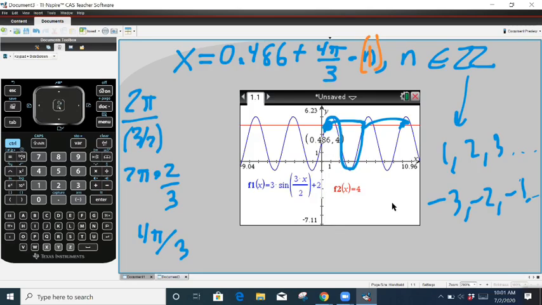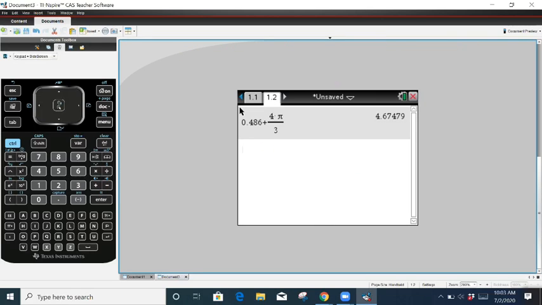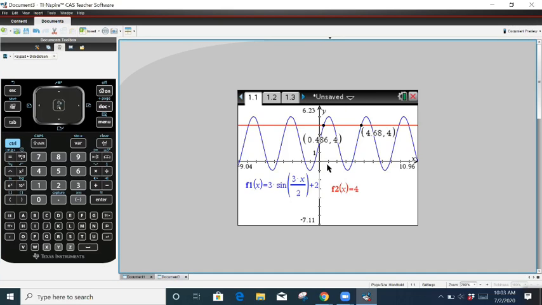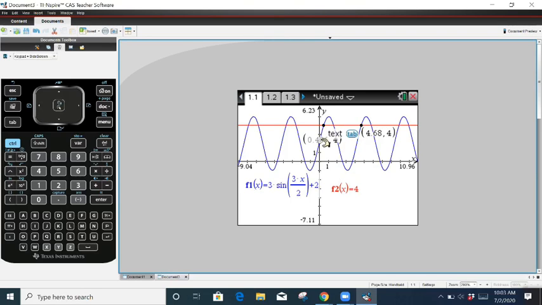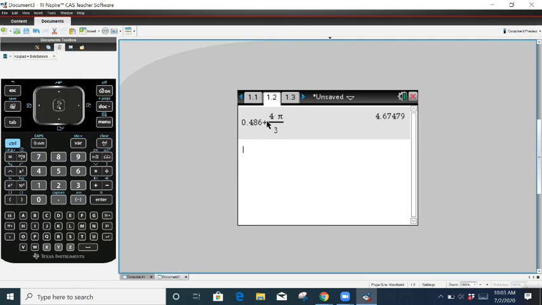Okay, so I opened up a new calculator. If you don't want to do that, you hit Control plus page, and then you can open up a calculator page without losing your graphing page. So I typed in 0.486, which was our point, and then I added 1 period, and I got that.